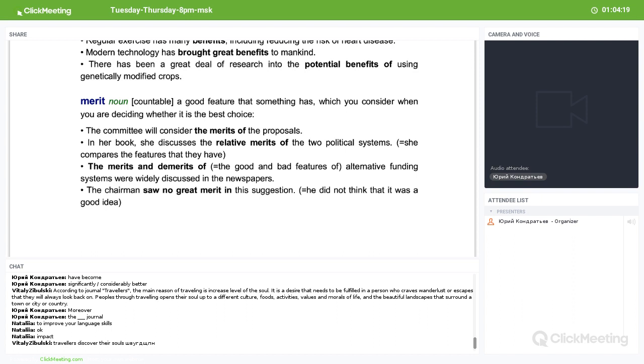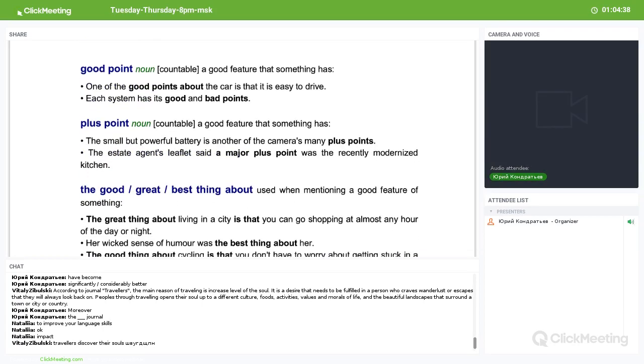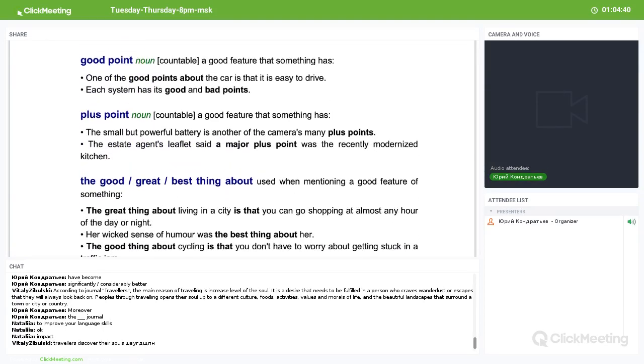The merits and demerits, so that's advantages and disadvantages. The merits and demerits of alternative funding systems were widely discussed in the newspapers. Or you can say the chairman saw no great merit in this suggestion, right? Then you can also say the good point.